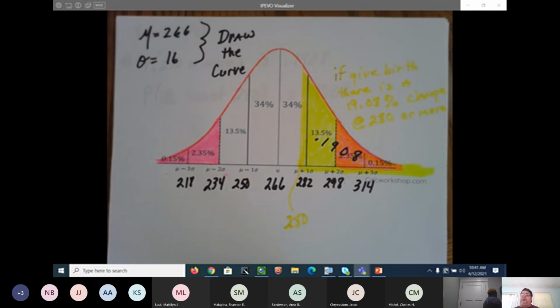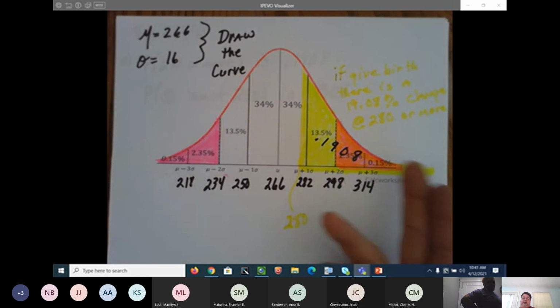Now, I did go over this in the video, and the question didn't ask for it. But somebody tell me, how many sides are there to 280? We've got one side in yellow.